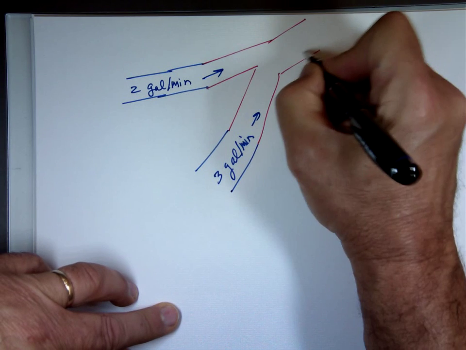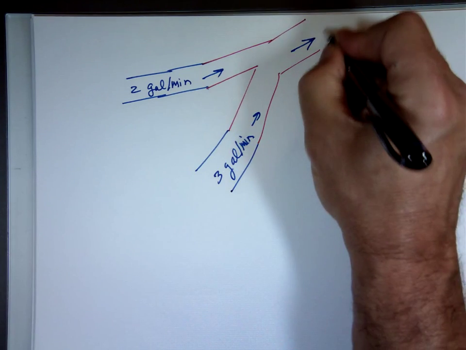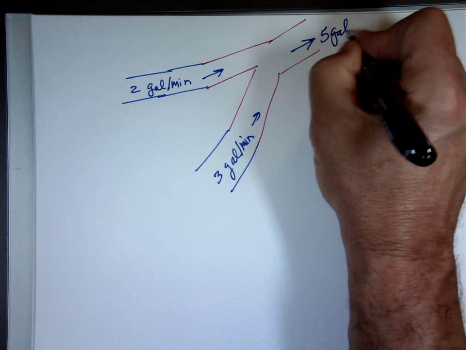How many gallons of water coming out of this end then? 5 gallons per minute.